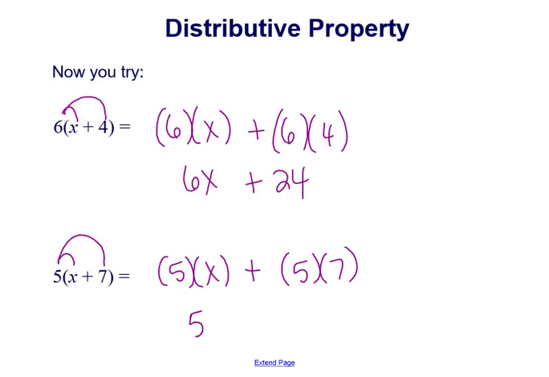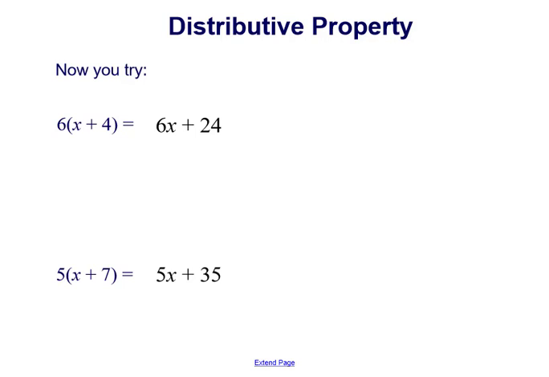And we can have that simplified to 5x plus 35. So let's check our answers. Again, 6 times the quantity of x plus 4 equals 6x plus 24. And 5 times the quantity of x plus 7 equals 5x plus 35.